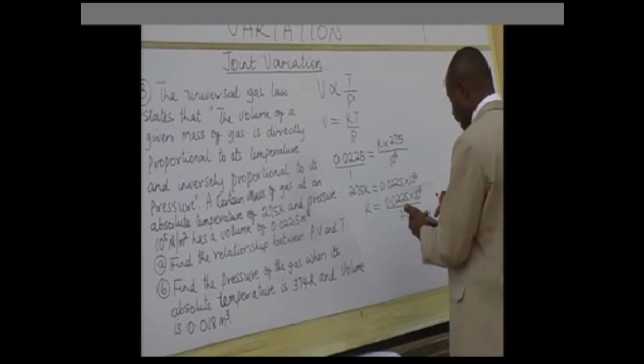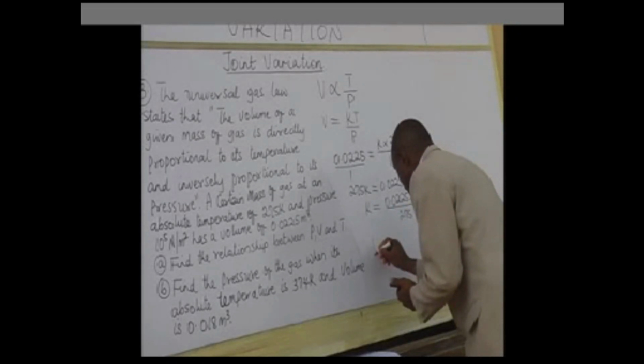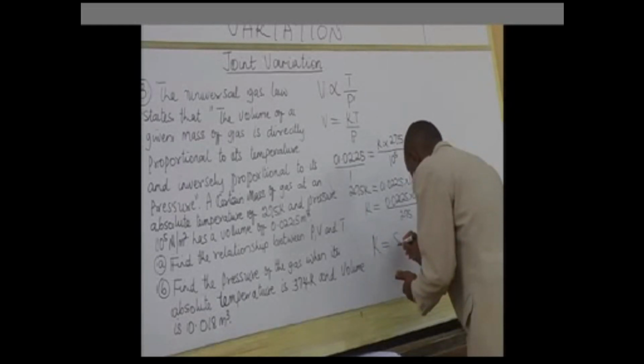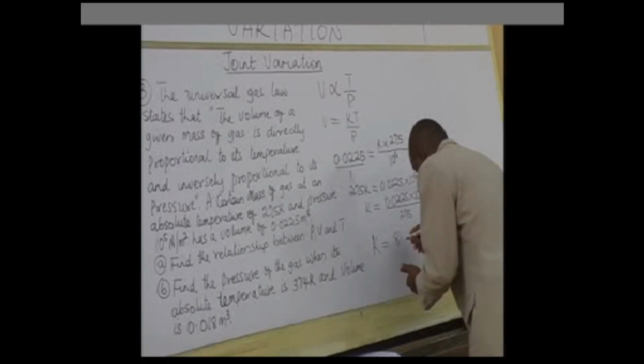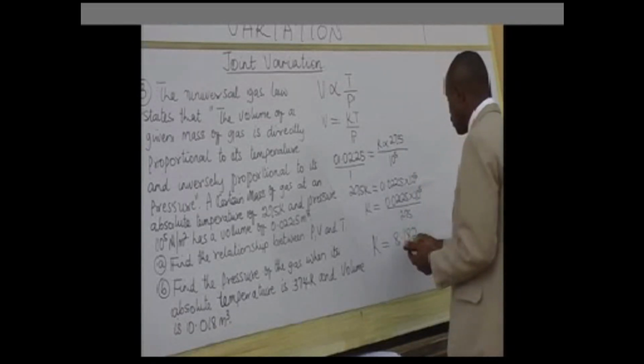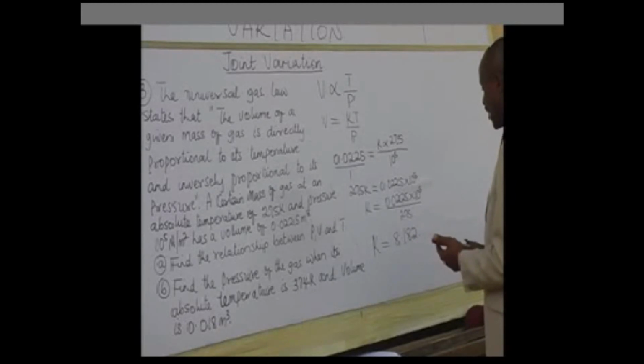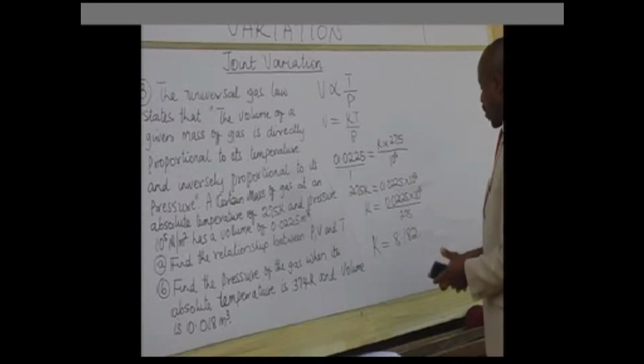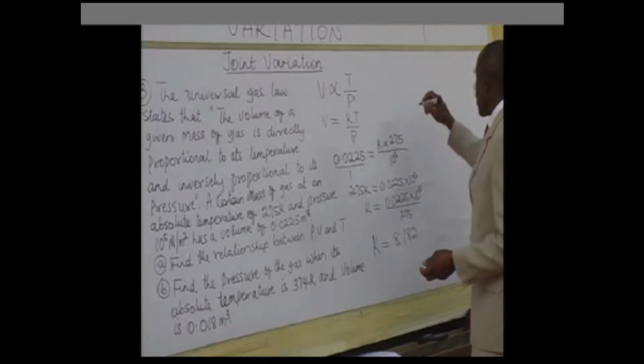Now divided by 275 is giving us our K now, our constant, which has the value of 8.182. I rounded it up to 3 decimal places. So this is the value of our K now. Now with this value, we can answer question number A.